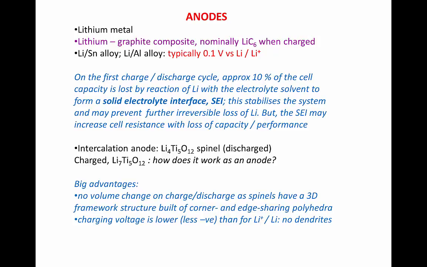It could be a disaster. But in fact, it turns out to be very beneficial, because this reaction between lithium and the organic solvent forms a product which is called the solid electrolyte interface. And once that has formed, no further reaction takes place. So effectively, it stabilizes the system.